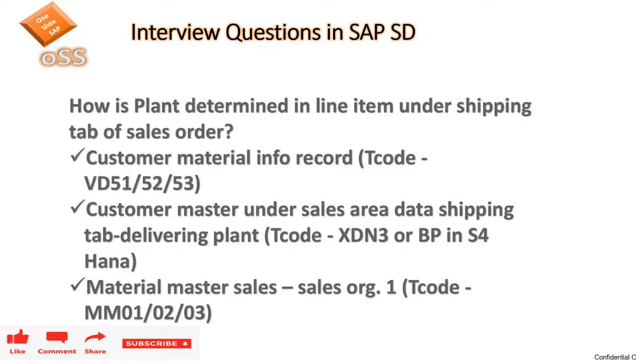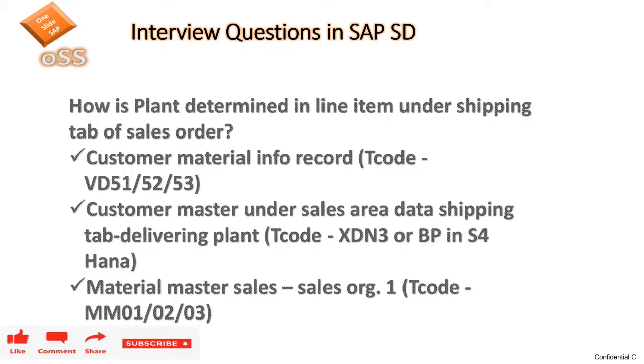You can see the delivering plant. The transaction code in the ECC system is XD03. Otherwise, you can check it in the S/4HANA system by using the BP transaction. In the BP transaction under sales area data, you can see the delivering plant.